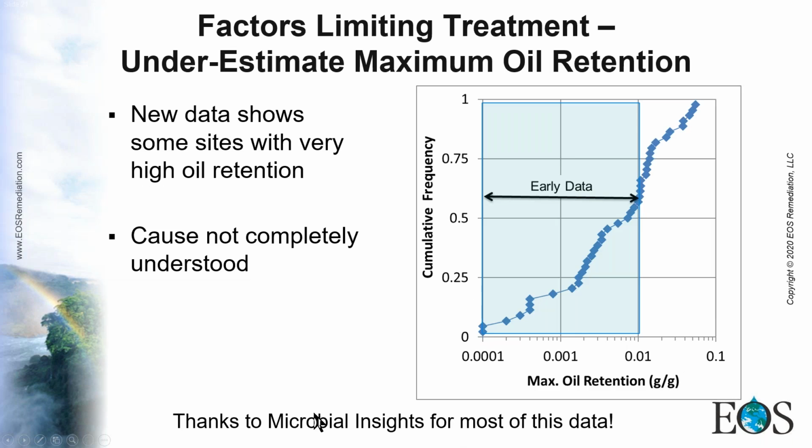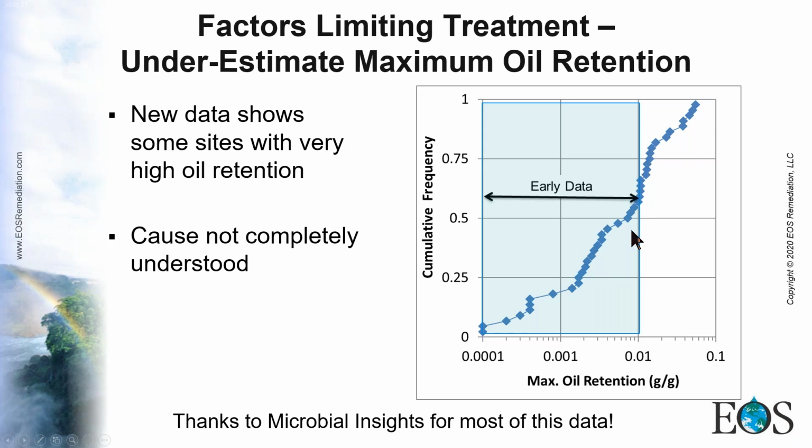Since that time, thanks to Microbial Insights, for any of you who don't know, Microbial Insights will run those oil retention tests. They provided us a bunch of data, and again, I plotted the cumulative distribution. Virtually all the early data we had was less than 1% by weight.